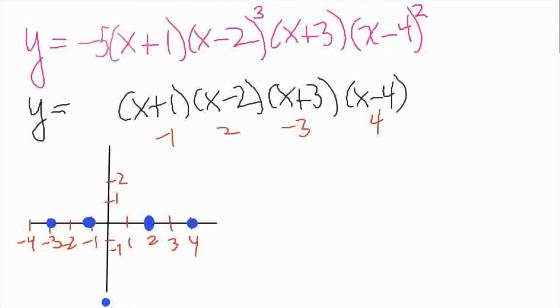This takes some care to explain. Let's do the exponent of 2 on the x minus 4 part. What that does is it causes the graph to bounce at that zero. Let me show you what I mean by that.